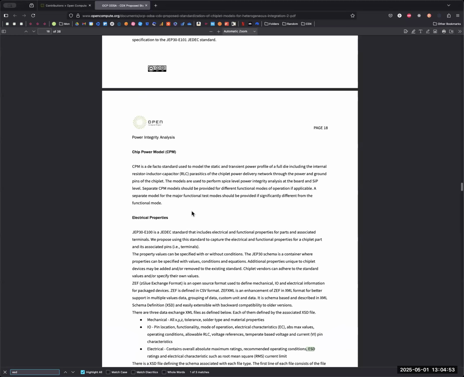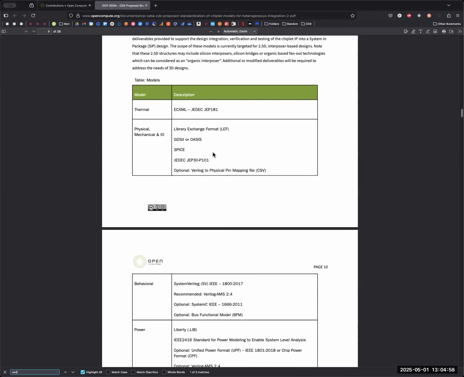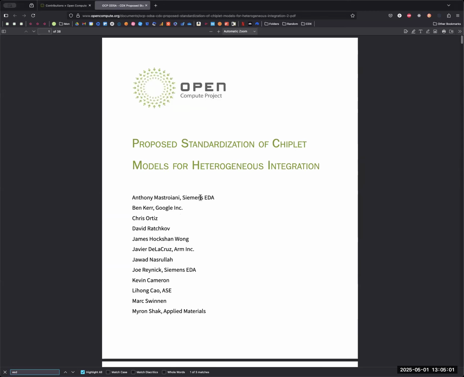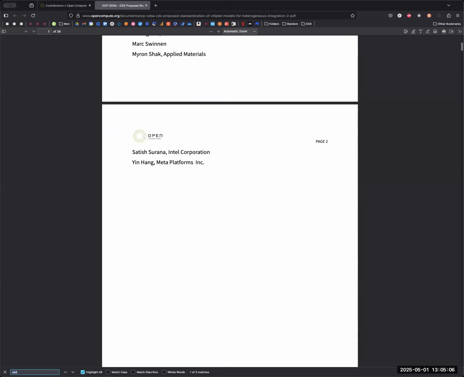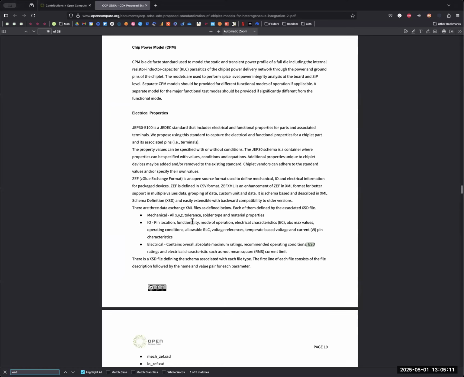This is the white paper that we did way back when. Yes, I know where it is. I know we had ESD in that, and here's what it says. The electrical properties, there's JEP30 E100, which includes electrical and functional properties, and then there is the ZEF, which became CDX-ML, that also has per pin ESD ratings.